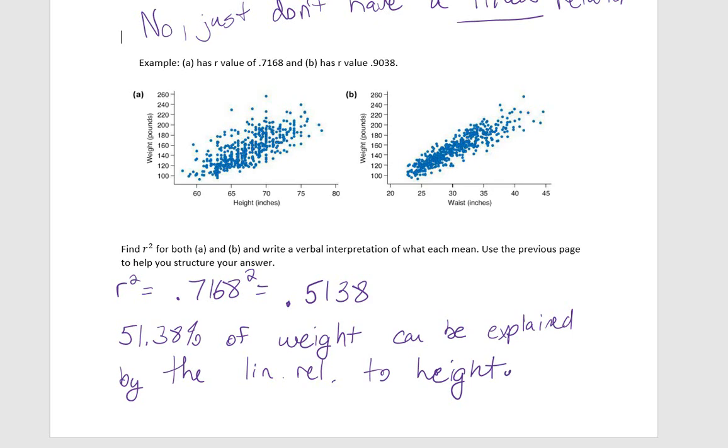So whenever you're writing this out, remember, we're trying to explain the y variable using the x variable. You're always going to try to explain the y variable using whatever the x variable is.